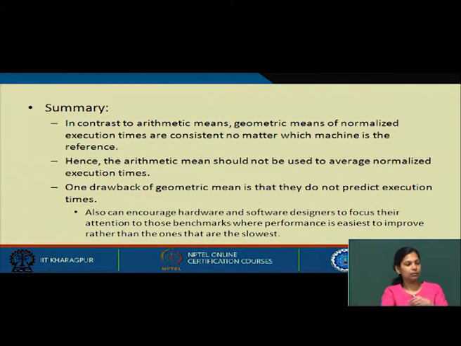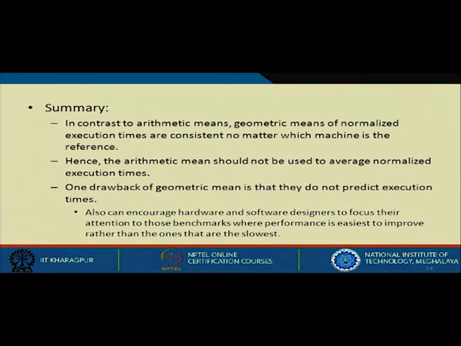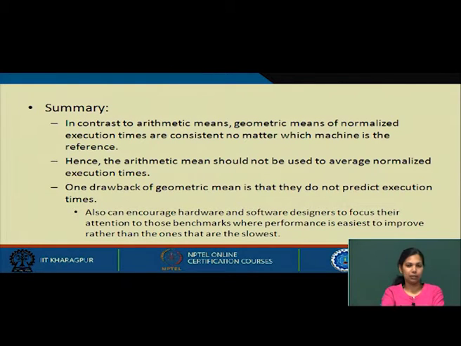So, in summary, what we can say is that, in contrast to the arithmetic mean, the geometric mean of normalized execution times is consistent no matter which machine is the reference one. We have made A the reference machine, and C performs the best.